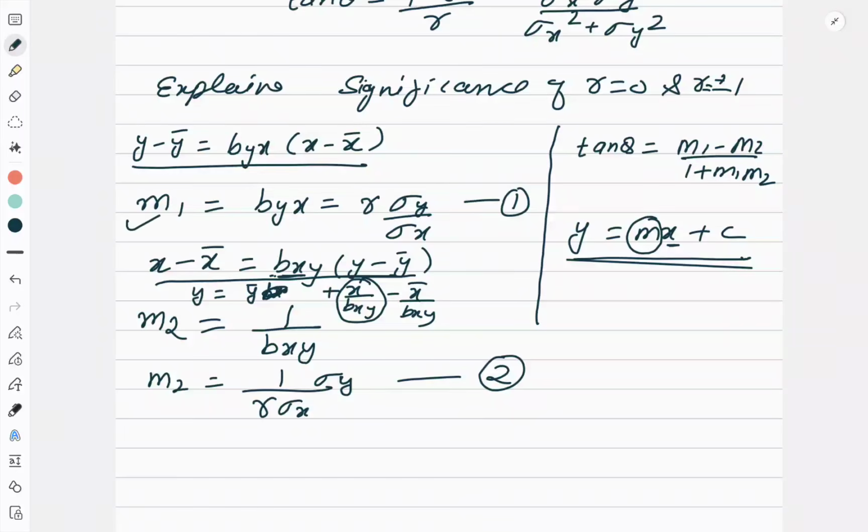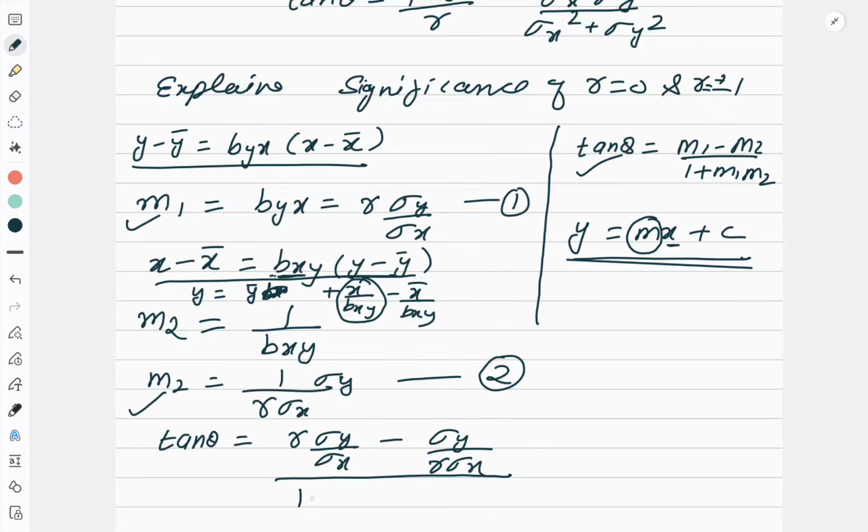Now these values of m1 and m2 I should put in this formula. So let us put now tan theta is equal to (r sigma y upon sigma x minus sigma y upon r sigma x) upon (1 plus m1 into m2). If I do m1 into m2, it is sigma y square upon sigma x square.